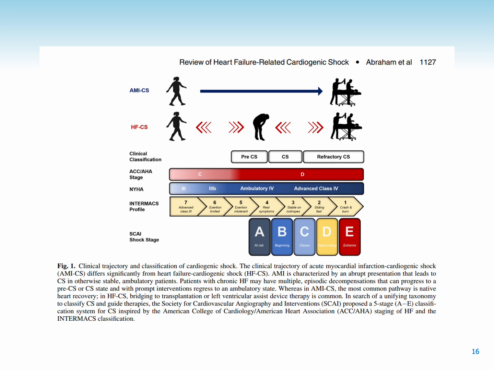And then we get into our Intermacs or PedMacs profiles, and this is again as patients progress in terms of cardiogenic shock, with profile 1 being the sickest patients who are crashing and burning. And then we can see how those SCAI classifications or SCAI shock stages overlay, A through E.